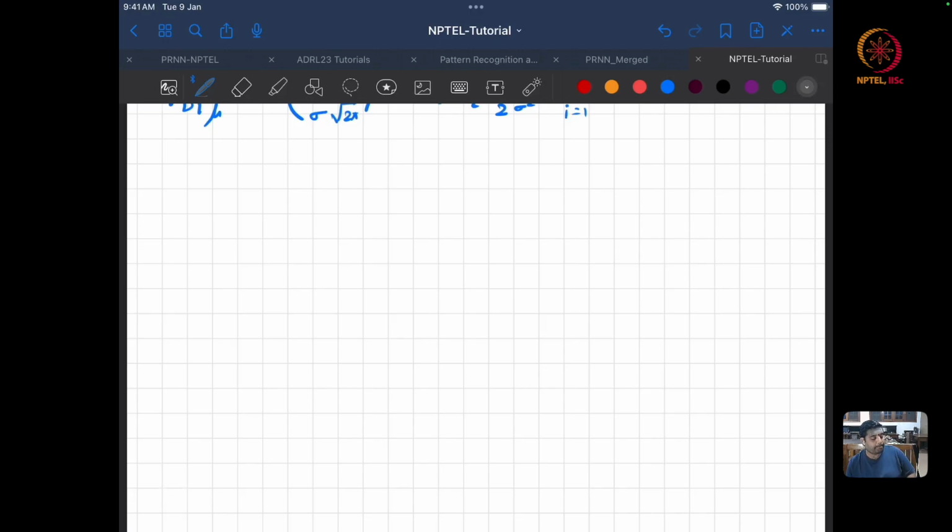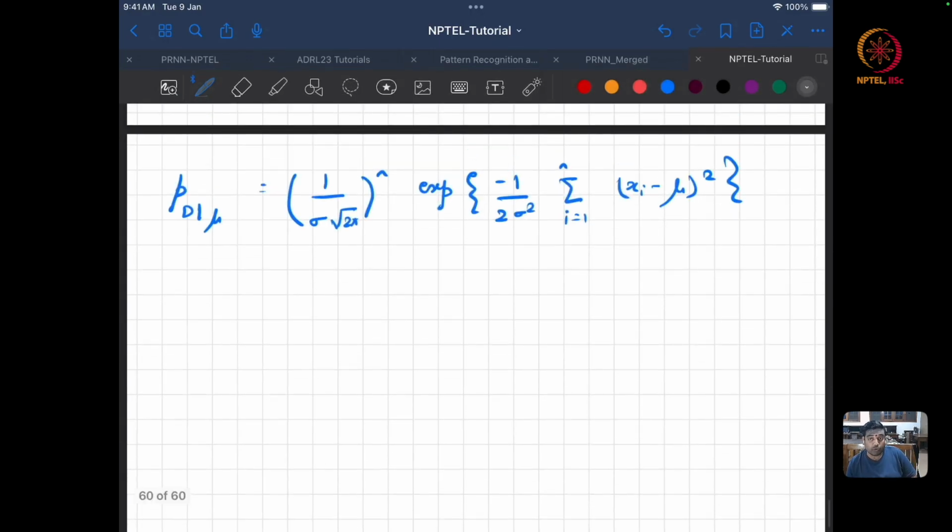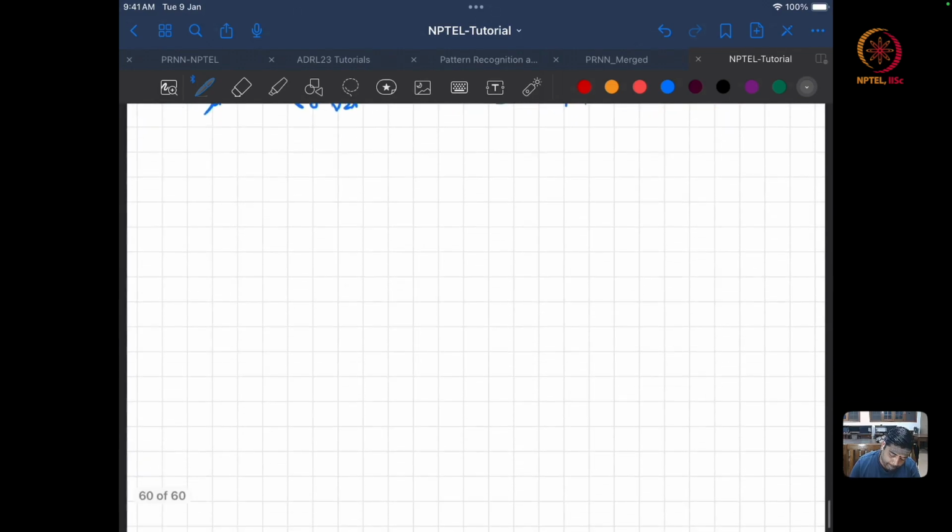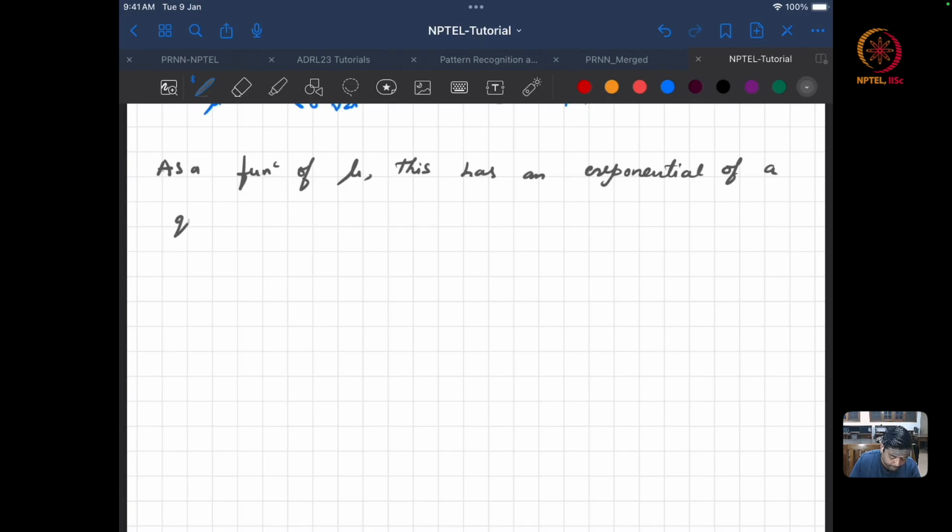It is evident that this is a function of mu. As a function of mu, this has an exponential of a quadratic in mu.